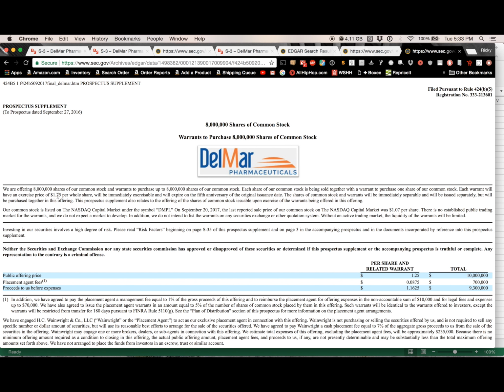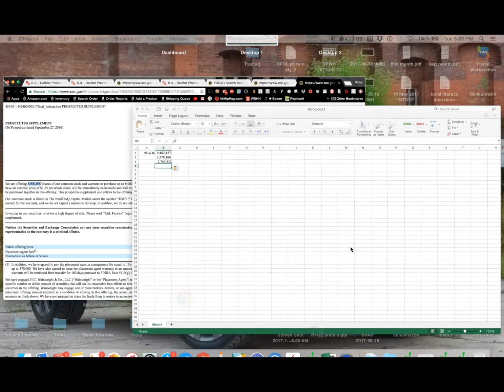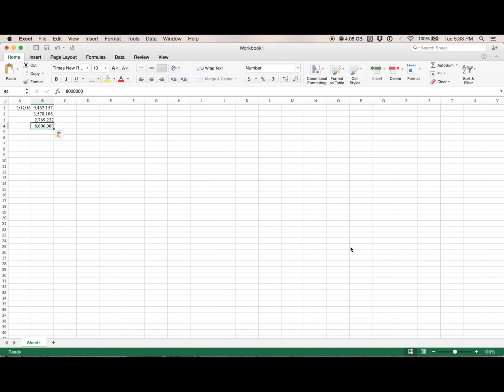That $1.25 number may become important tomorrow, because right now as I'm talking, this is trading, it hit a high of $1.06 so far in the after hours, and knowing how tomorrow may get, it may run up over $1.25, and a lot of these people would be smart, if you ask me, to unload their shares into it, because I have a feeling this company is the type that would be doing some reverse splits in the near future or whatever it takes to keep their price above $1. They did just get a delisting notice on 11/3, November 3rd. So what was that, like 16 days ago or 17 days ago? 18, if my math was any good.